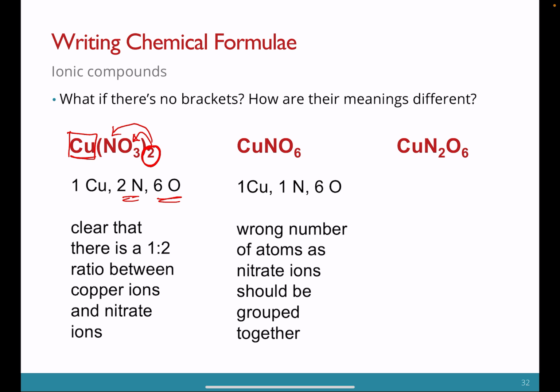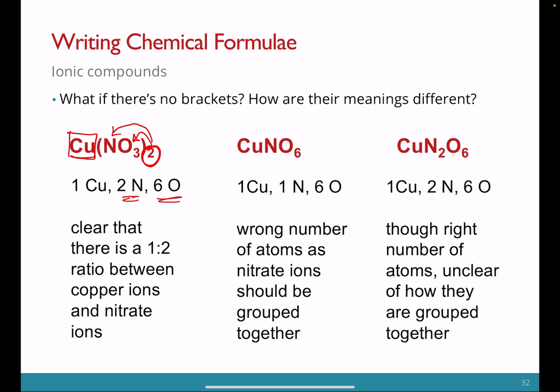For the second formula, note that there's the wrong number of atoms as the nitrate ions should be grouped together. This is a common error when you're beginning to write chemical formulas, where the student only multiplies the number of one atom in a polyatomic ion. If you look at the last example, even though it has the correct number of copper, nitrogen, and oxygen, it is unclear how these are grouped together.